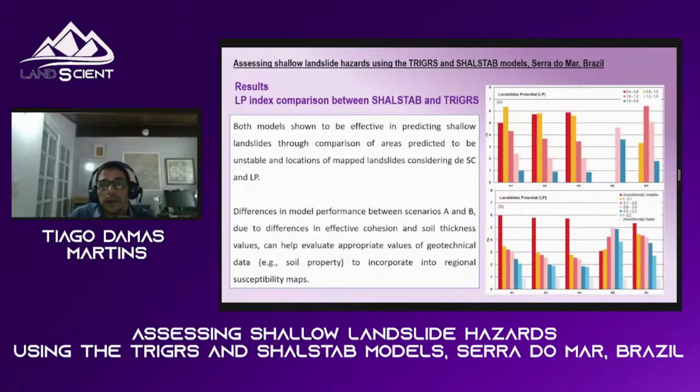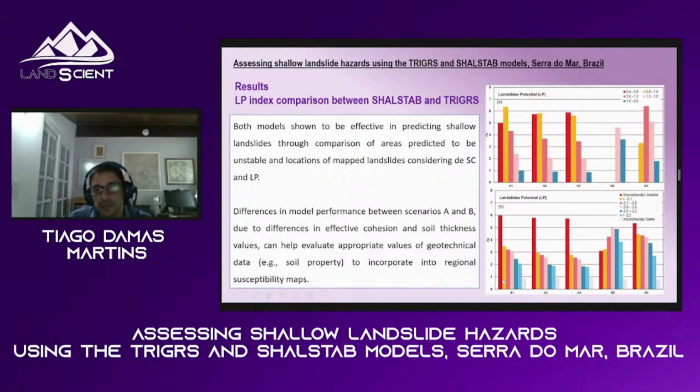So, going to the end, you can see here these 2 charts that compare the landslide potential of the 6 scenarios for each model. And our results show that both models are effective in predicting shallow landslides, comparing areas predicted to be unstable and locations of mapped landslides considering the 2 parameters.